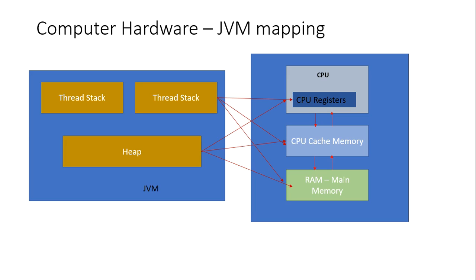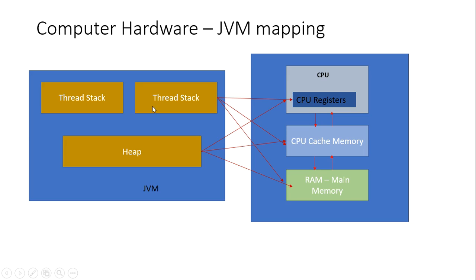Now we will see how computer hardware is mapped to the JVM. For example, this is my computer hardware and this is my JVM. In my computer hardware, I have RAM, CPU cache memory, and CPU, and in my JVM, I have heap and thread stacks.